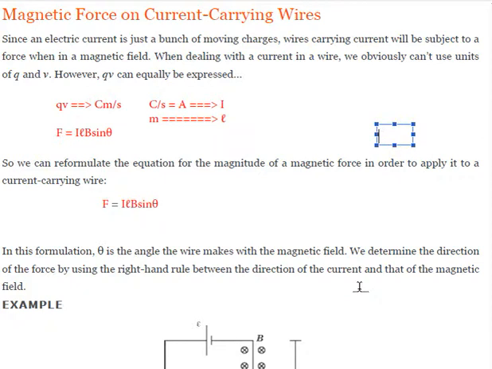It's no different than before, where the velocity made some angle with the magnetic field. So we can still do the same thing, determine the direction of the force by using right hand rules. So instead of our index finger being V, our index finger is going to be I, the current. And we kind of already did that before.